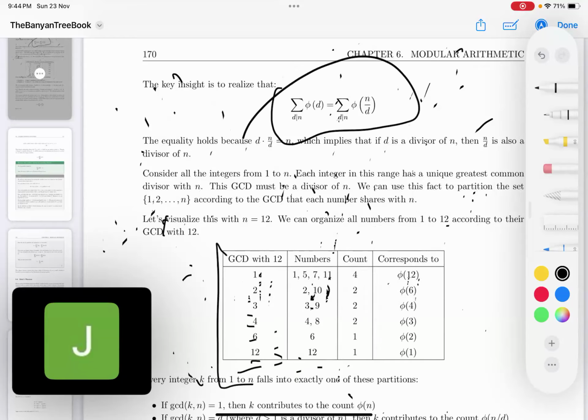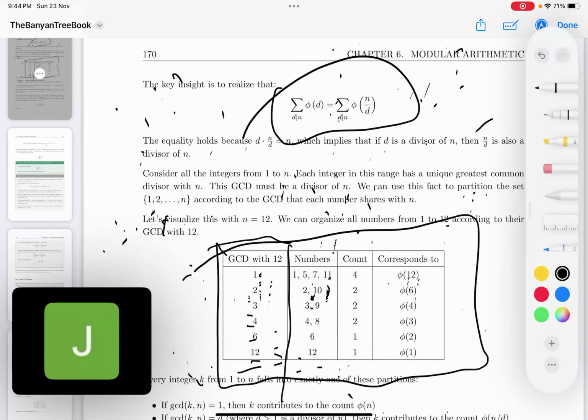What is not simple is that when you look at all the numbers in terms of GCD, it forms a set, and this set directly maps to this. This is the most important property of Euler's totient function.